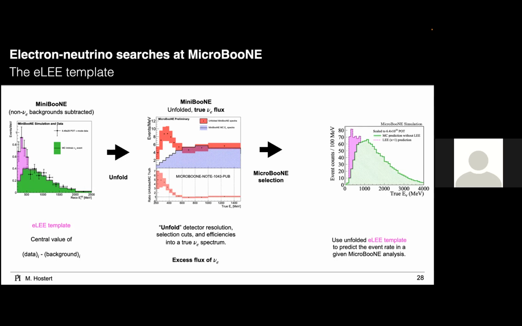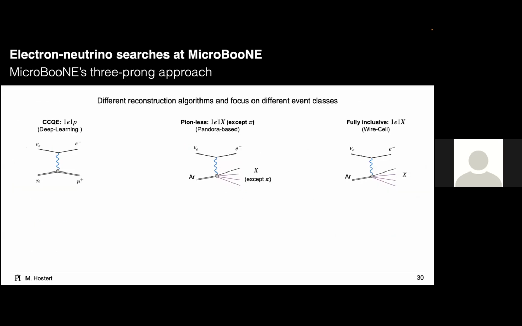Now, of course, you can use this prediction in several different analyses, and that's what they've done. Given a true spectrum, you can do several selection cuts and reconstruction algorithms for that true spectrum. So that's what they're looking for, central value of data minus central value of background. This uncertainty that you see around the black dots in the true spectrum is for internal consistency and will not play a role in the rest of this talk, which, as we'll see, will be important.